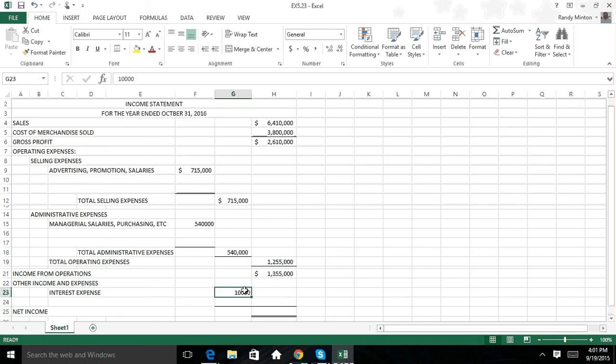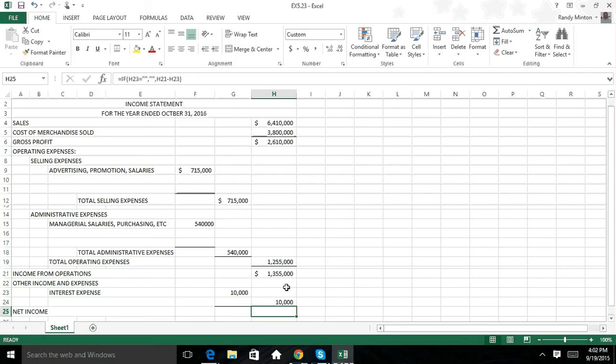And since I've changed all these others, I'm going to go ahead and put a comma separator in here and all of that sort of thing. And now I'm going to come over here, since we don't have any more of these. I'm just going to bring this down to this number right here. So I'm just going to say that it's equal to that number, just to make it simple.